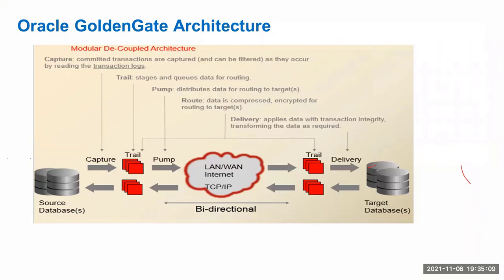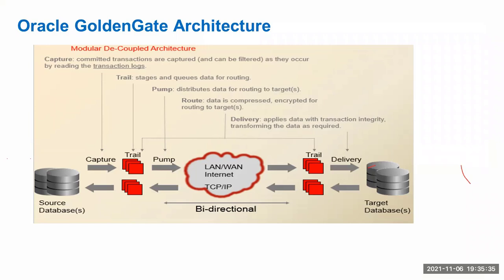Each database has its own transaction logs. By transaction logs, we mean that whatever changes you make to the database, those changes are stored in the transaction log. In case of Oracle, those transaction logs are called redo logs, or backups of redo logs, which are called archive logs.